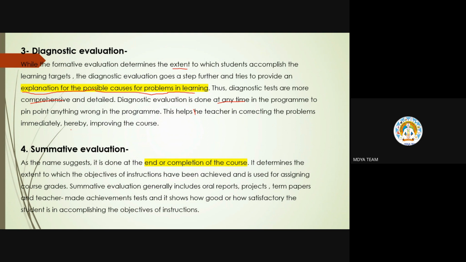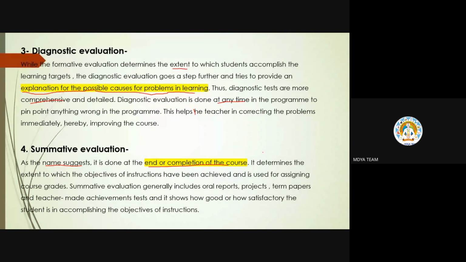Now, the summative evaluation, as the name suggests, is done at the end or the completion of the course. Now, the placement evaluation is done at the beginning of a course. Formative assessment is helpful if we do it in the early stage.